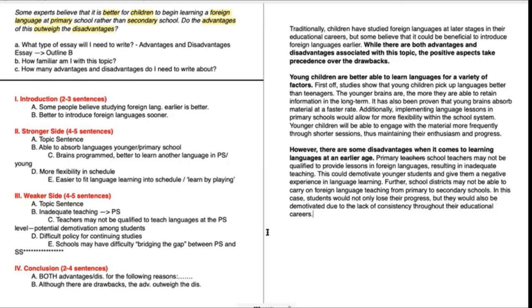Now, notice that I haven't really used this phrase, bridging the gap, just because the more I think about it, my writing is formal in tone, and I don't want to necessarily include bridging the gap. Also because I've done well without using it. Basically, the idea is still the same. The lack of consistency is another way to say that they'll have difficulty bridging the gap. So I am satisfied with this.